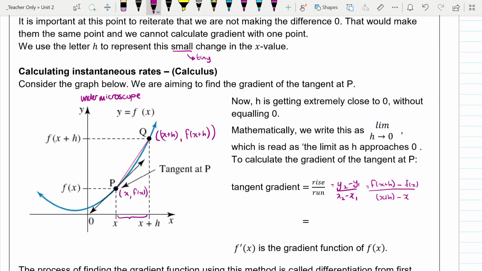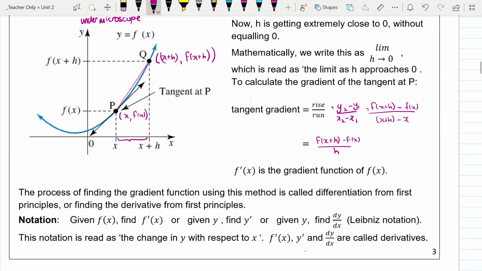That's going to be f of x plus h minus f of x over h. Your x's cancel. And our new concept that we're then learning is that f dashed of x, or the derivative, is the gradient function of f of x. It's important to realize that this is another function. It's a gradient function.